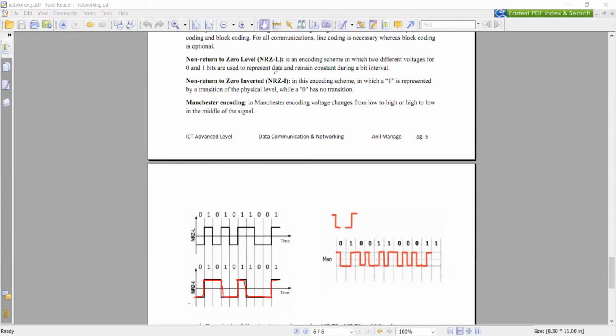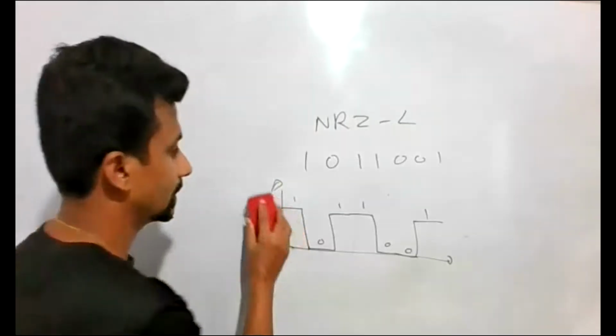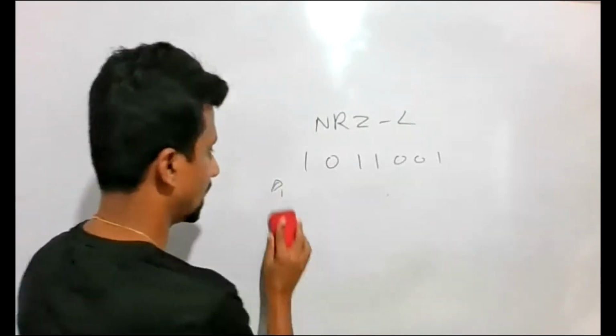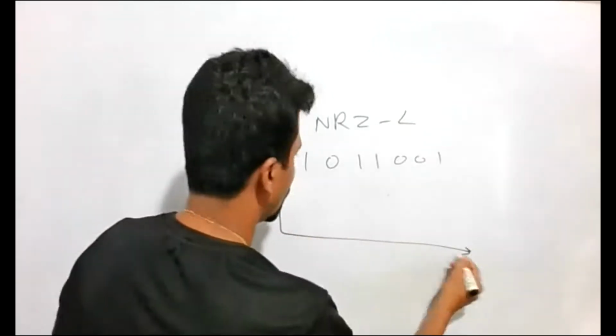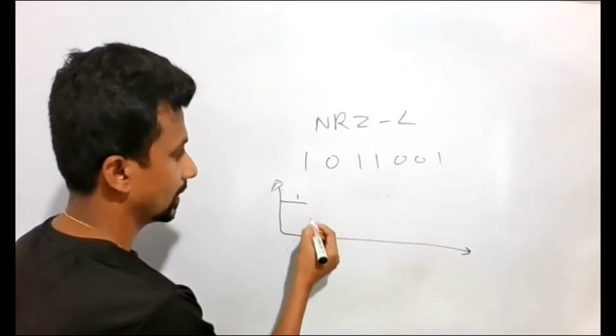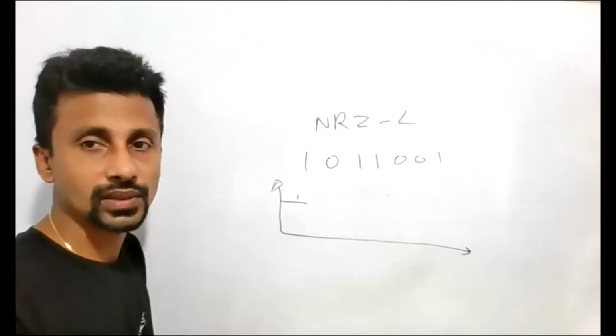Same thing I will show you using the earlier one, with the same data. Without going below the axis, we can draw it. 1 I will take here. For 0, nothing will happen because when you get 0 it is not changing.